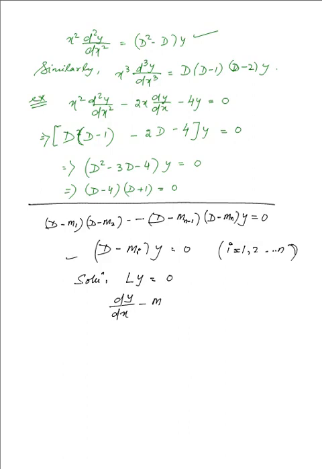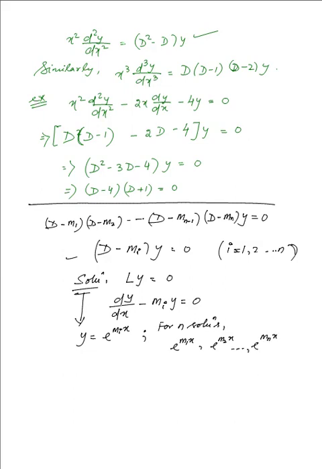So this is dy by dx minus mi times of y, and that leads to 0, and it has a solution of the form y is equal to e raised to the power mi times of x, the general solution. So for n number of solutions, the nth order equation will have n solutions. So for n solutions, what we get is e raised to the power m1x, e raised to the power m2x, and it continues to e raised to the power mnx.